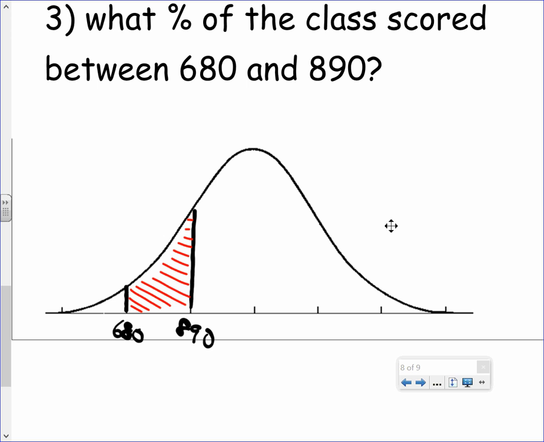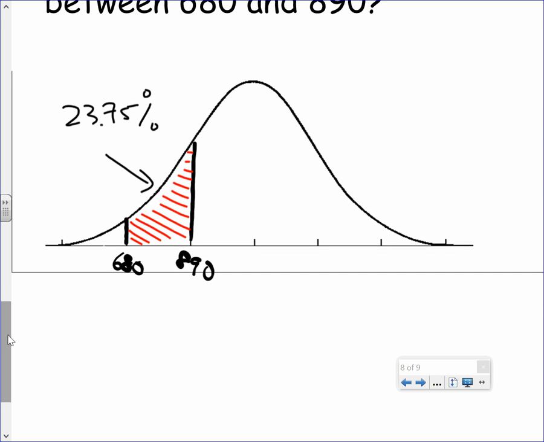23.75%. Let's see, what was your thinking? Half of a half. Okay, let's see. So you know from the mean to the second standard deviation below is 47.5.